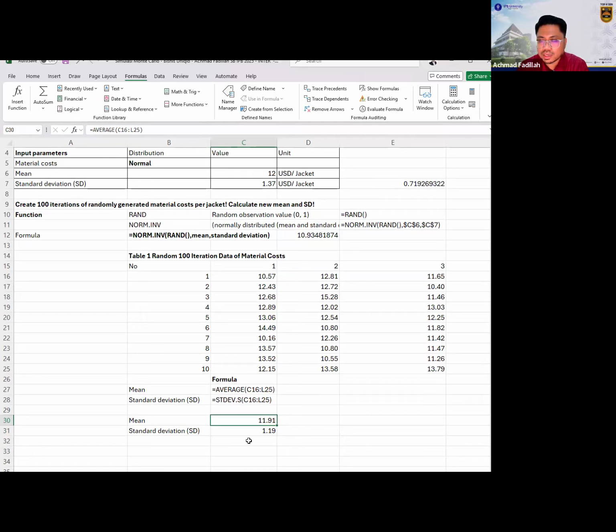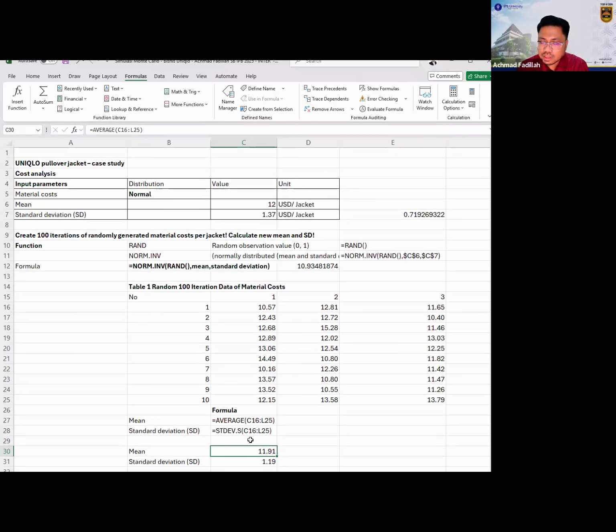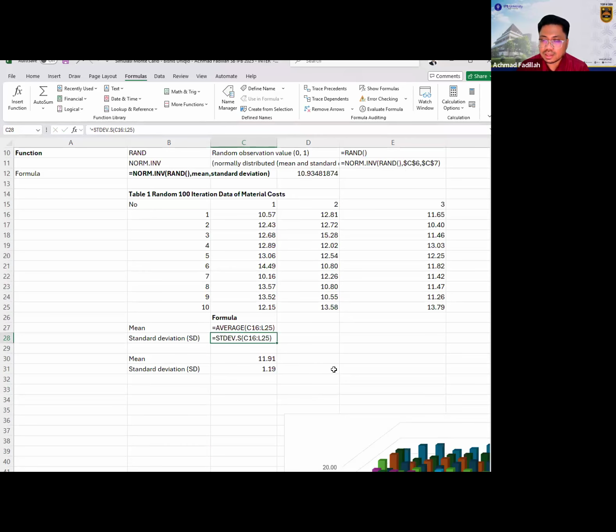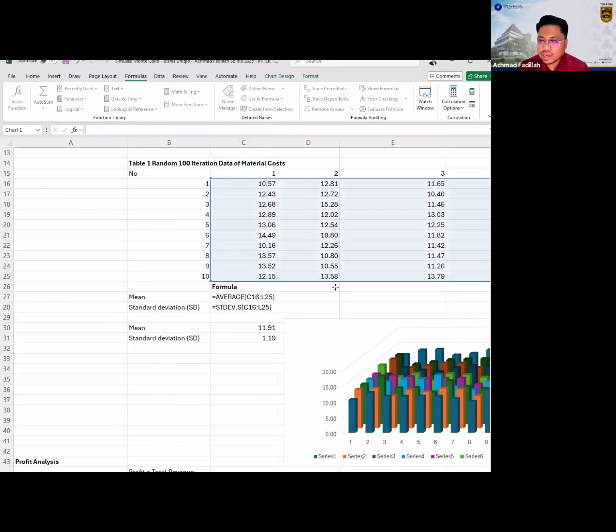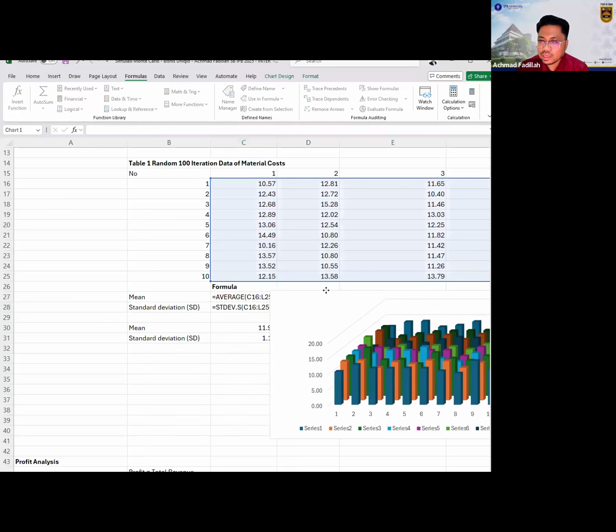Okay, hopefully you can follow my explanation here about the formula. Maybe it can be included in the final exam, so please exercise this formula, and also how to put randomized values with a normal distribution to see how fluctuating the material cost situation is.